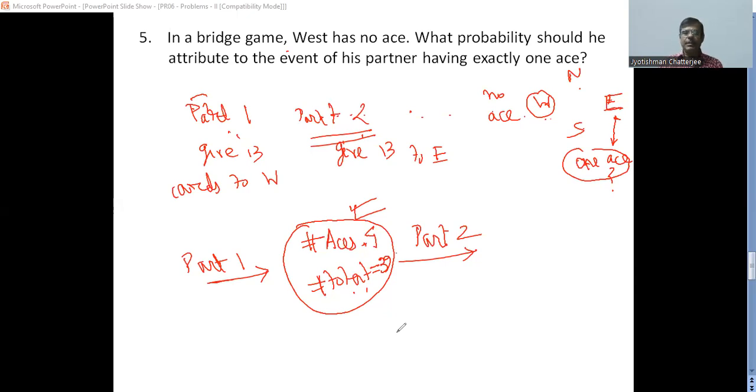So if we restrict ourselves to this configuration and try to answer the question, we are drawing how many cards here? 13 cards. So restricted to this part, what's the sample space size here? Drawing 13 cards out of 39 total cards. So 39C13. And our event A is what? Event A is East gets exactly 1 ace. That is event A.